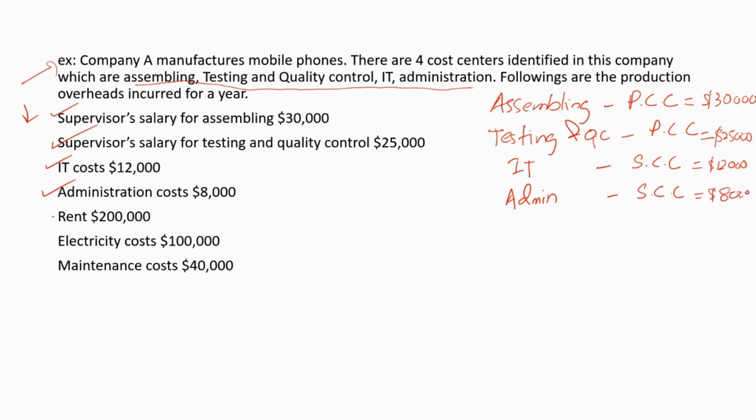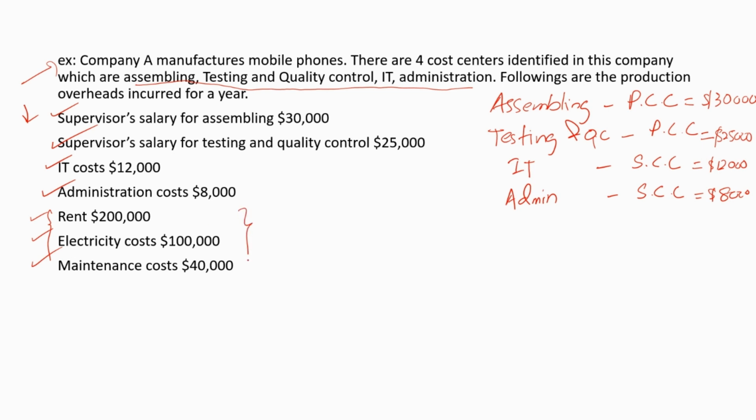And they have given rent, electricity and maintenance costs. Can we categorize these costs under the given cost centers? Just think about it. Rent, electricity, maintenance. We cannot directly identify these costs under each cost center because all of the cost centers are incurring some portion of these costs, meaning the rent, electricity and maintenance.